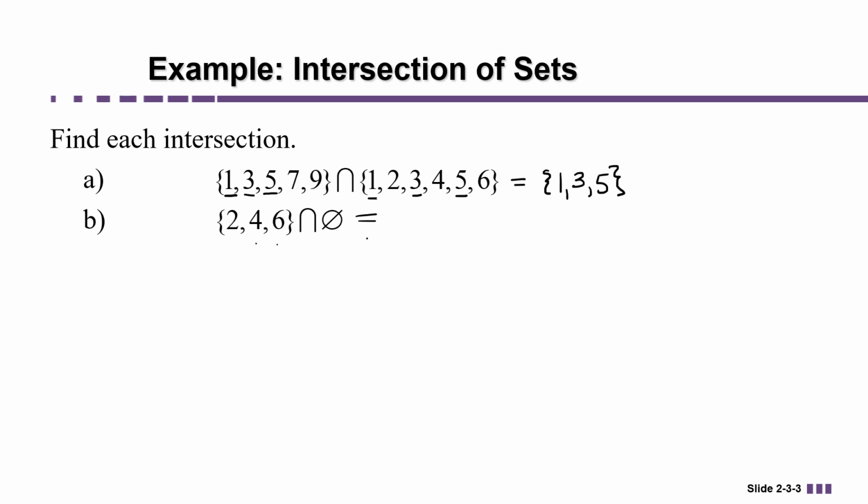So none of these elements are in both sets. So the intersection is also the empty set. And that's true when you intersect any set, no matter if I tell you what's in the set or not. If I say, what's the intersection of A with the empty set, you would say the empty set, because it can't possibly have anything in common.